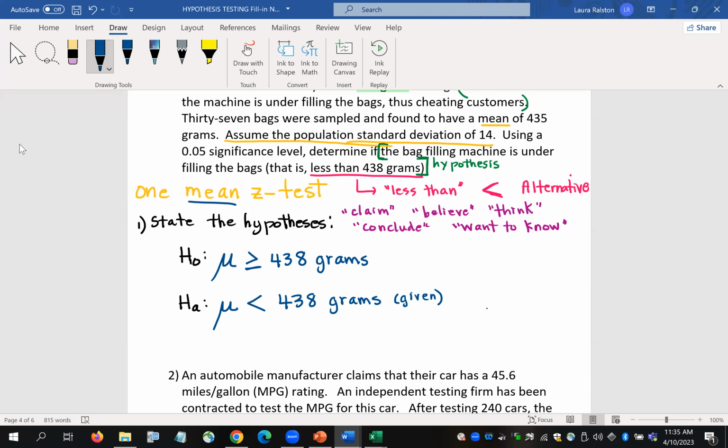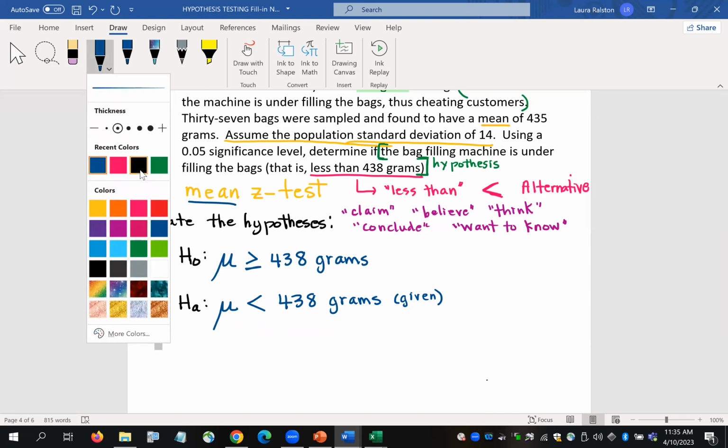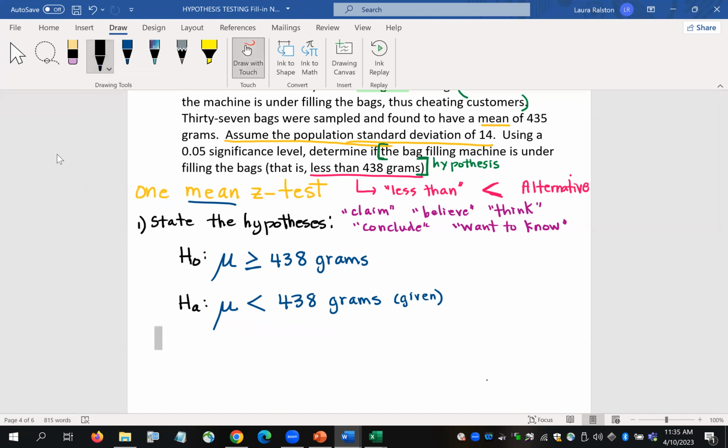Guys, that is probably the hardest part, or one of the hardest steps for students to grasp or to do correctly within hypothesis testing. But if you set your hypothesis up incorrectly at the beginning, it's going to screw everything else up.